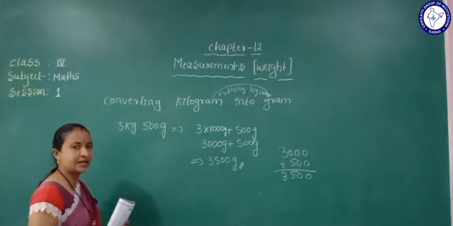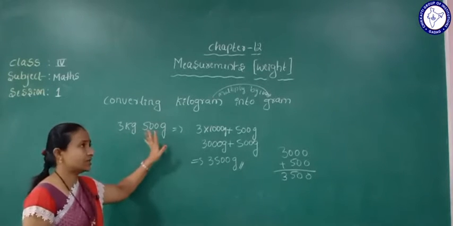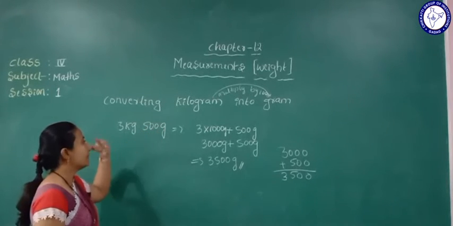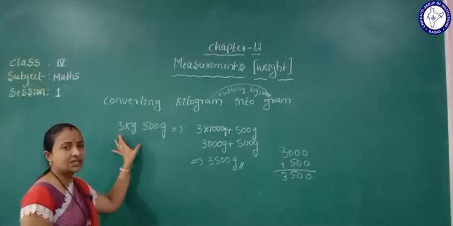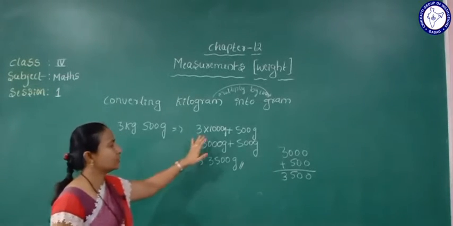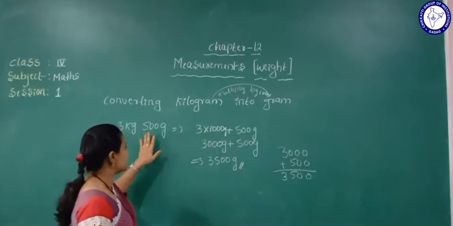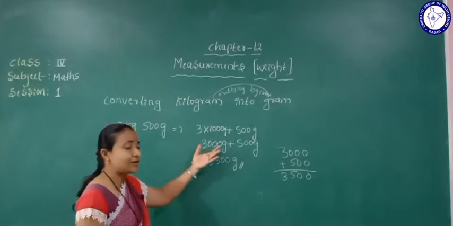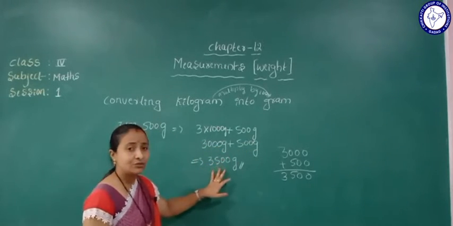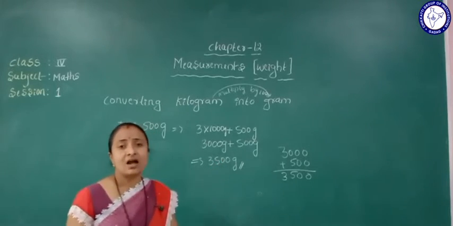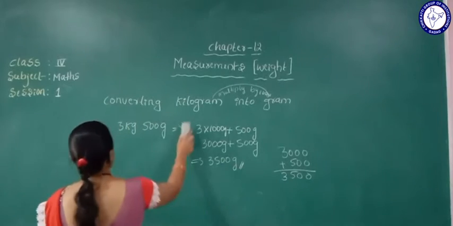Understood how we convert? This 500 is gram only, we don't touch it. Only the 3 kg we convert into gram, and 500 stays as it is, added to 3000 gram. We find the answer 3500 gram. Next we will start the exercise.